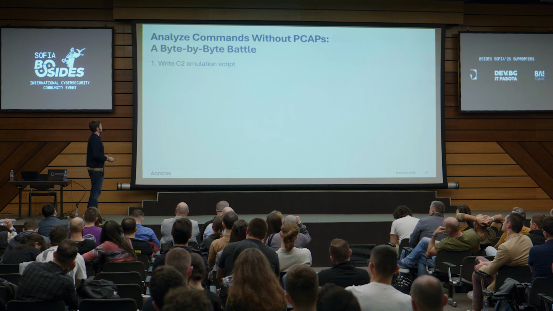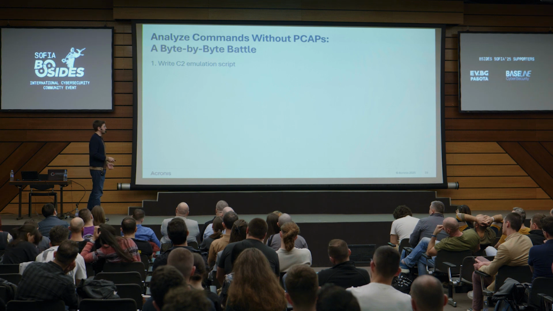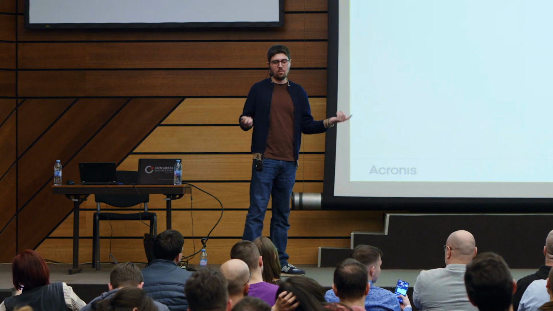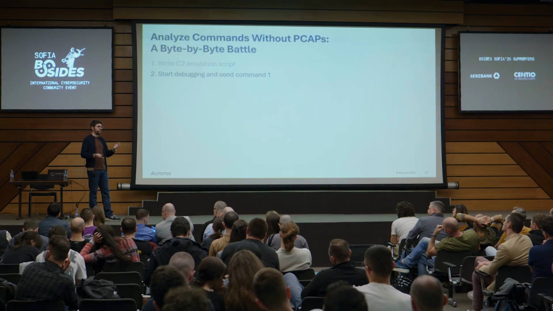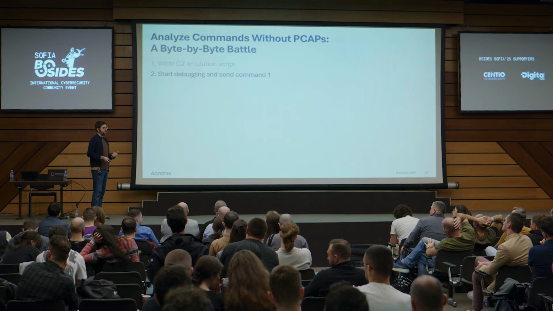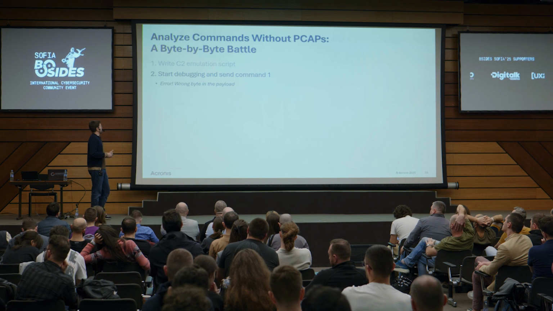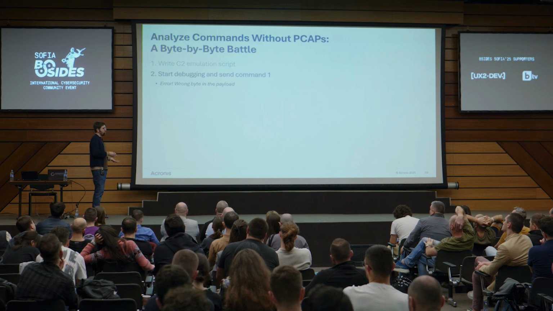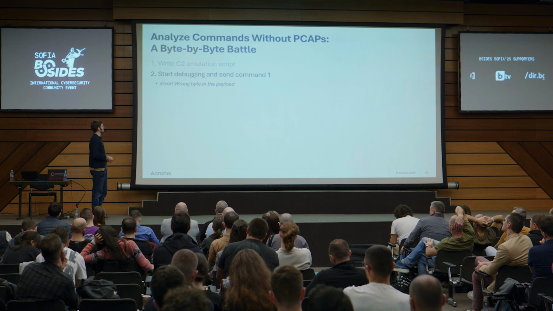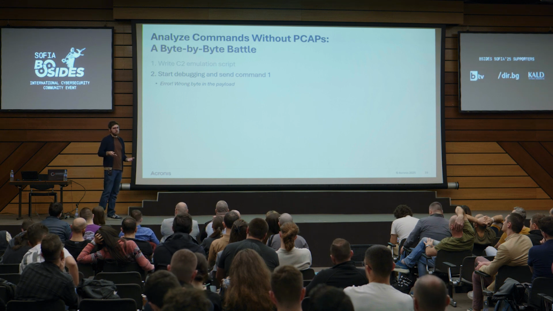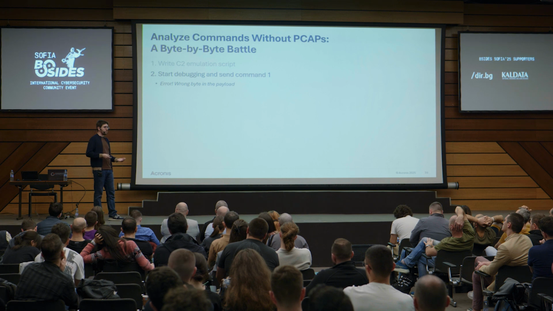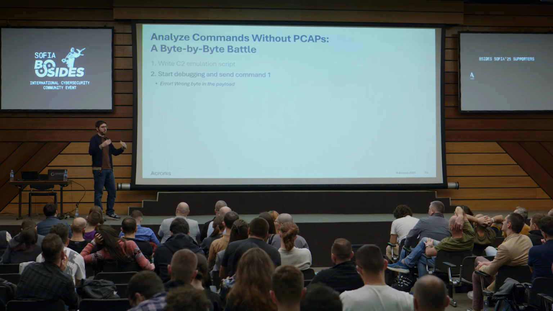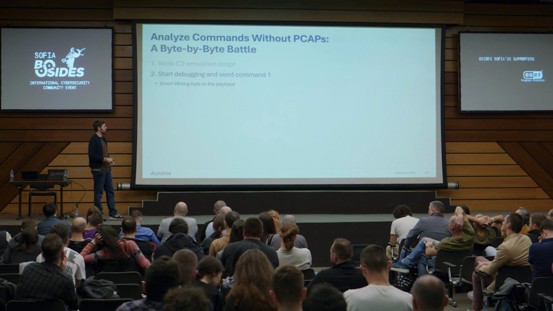So the first step was to write a C2 emulation script, start debugging, send, for example, command 1, and follow the execution flow to see what happens. You take, for example, the error handling branch, because some byte in the payload was wrong. It is a binary protocol, so it's not like you can compare strings, for example, execute command X and take that branch.